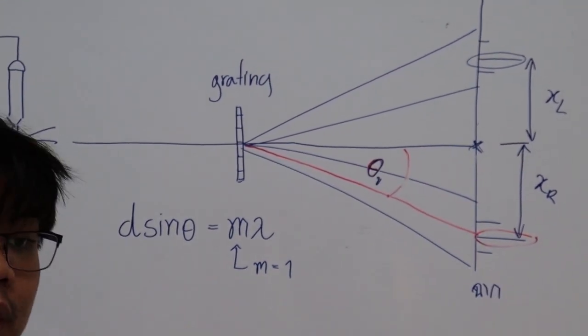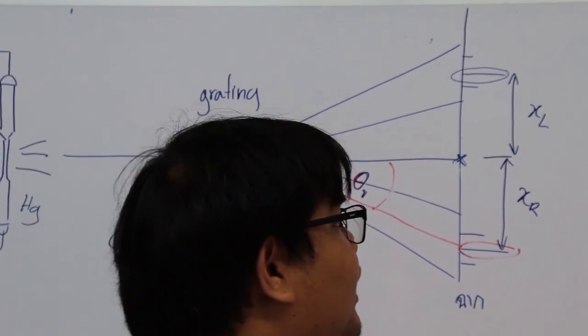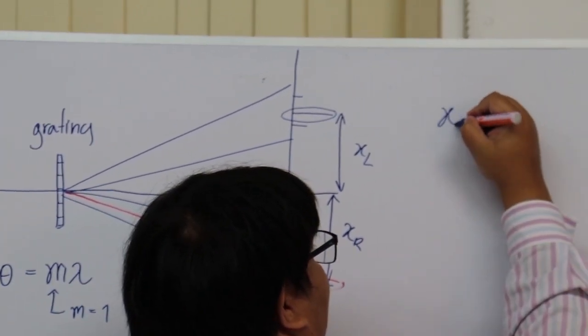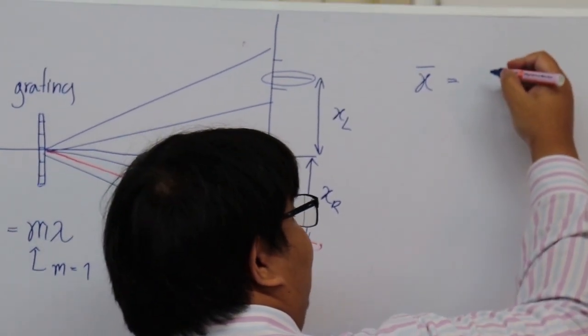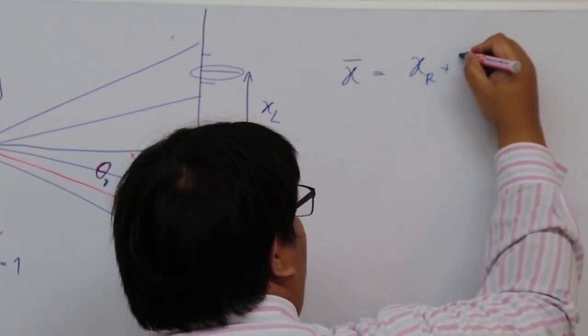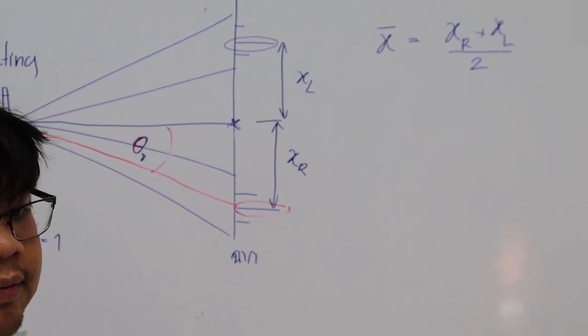Because it's symmetric, XR should be equal to XL. But in reality, they may not be equal. So we should use the average value of them: X bar equals XR plus XL over 2.